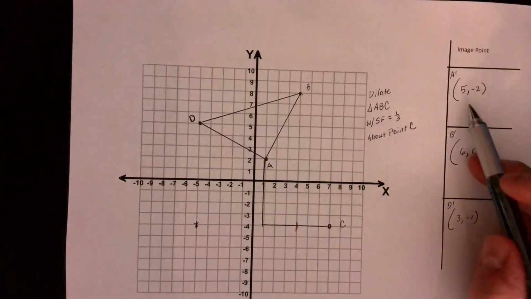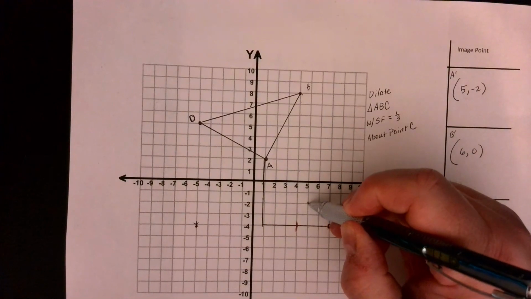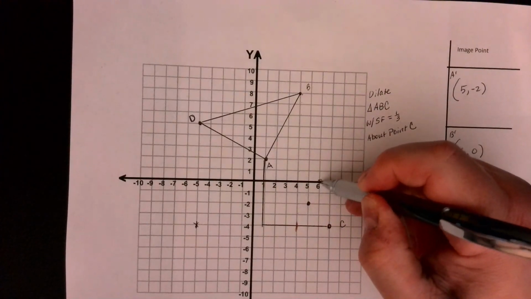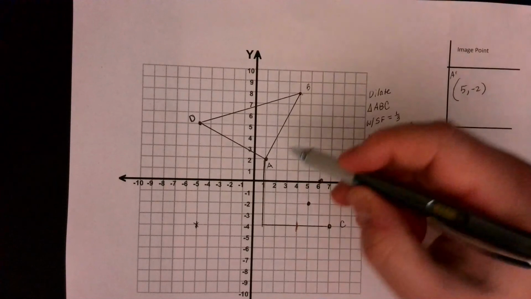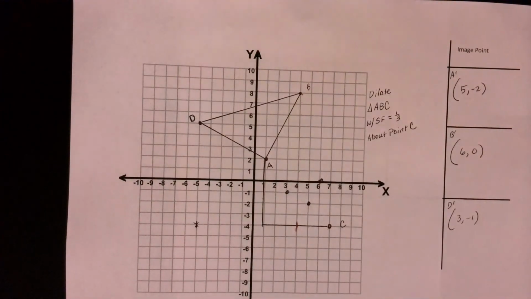So I'm going to plot 5, negative 2, which is right here. I'm going to plot 6, 0, which is right there. And I'm going to plot 3, negative 1, which is right here. So there is my new triangle.